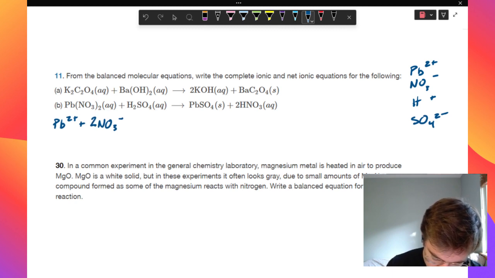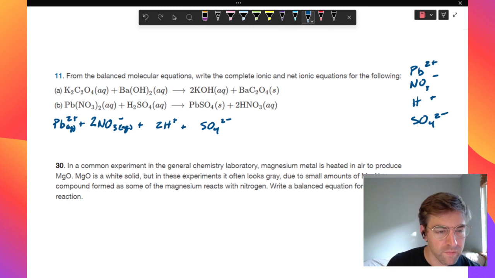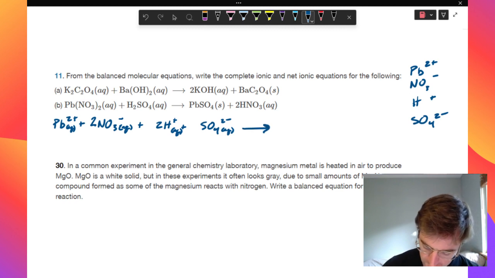You know, we have 2 of those. These are all aqueous. Our solid is going to remain as is.